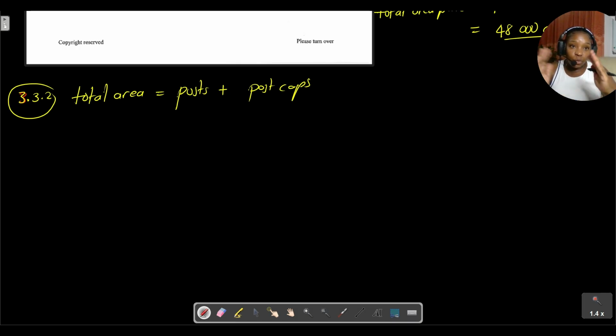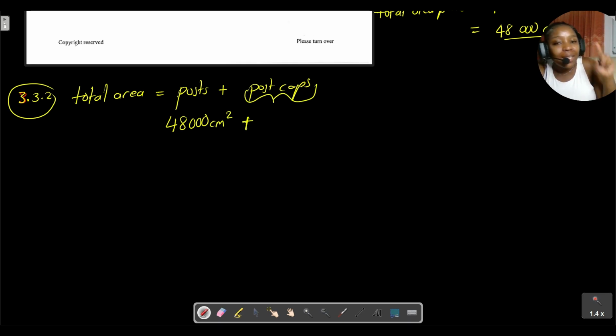We're going to use this approach. We've already calculated the total area of the posts that have to be painted. It's 48,000 centimeters squared. Plus, we need to determine the area of the post caps that have to be painted. What is that total surface area?